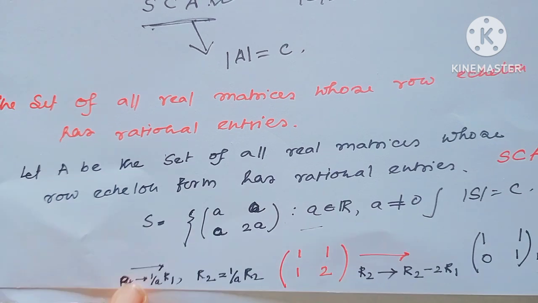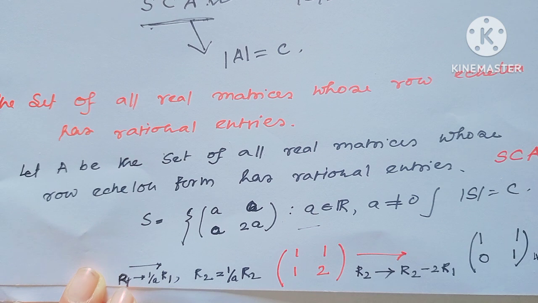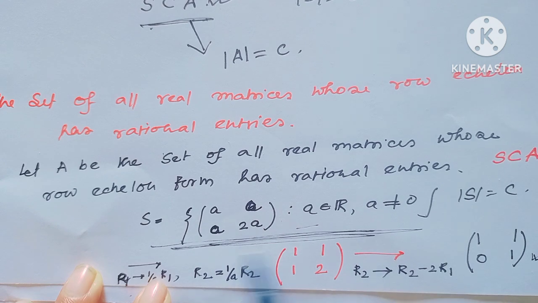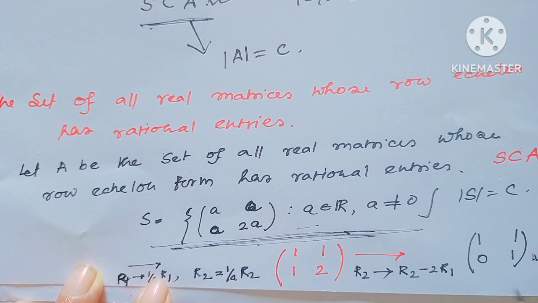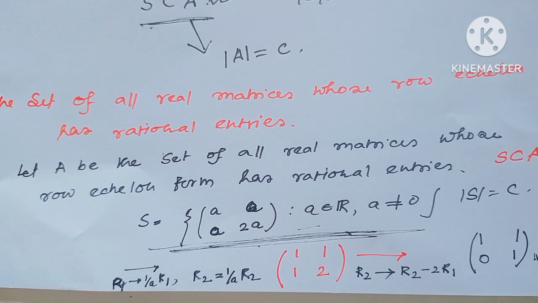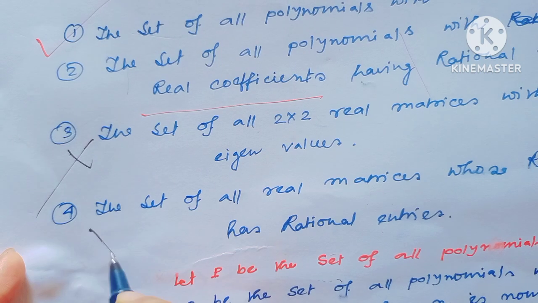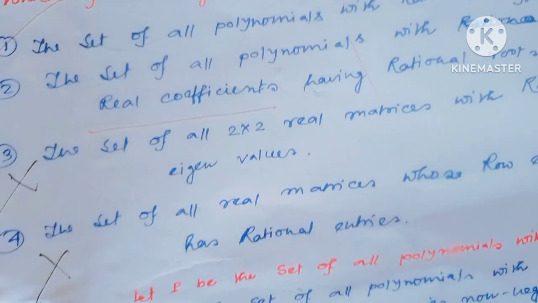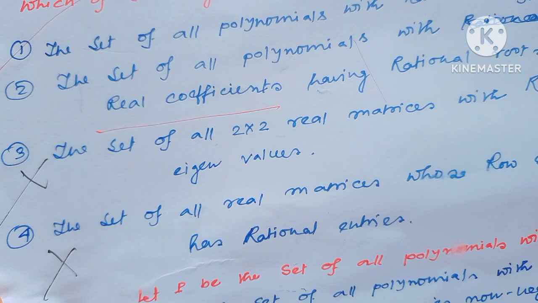I have considered this particular type of S; since S is contained in A and S is uncountable, A is uncountable. That means the fourth option is also a wrong option. I hope all viewers have understood this type of question clearly.